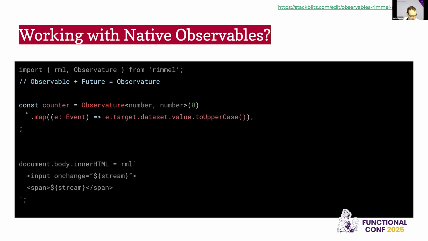It's interesting, but we'll see how things evolve because all this is really new stuff. It's temporary. Things might evolve a little bit. We'll see how the committee evolves. So this is what enables a library to work with native observables.